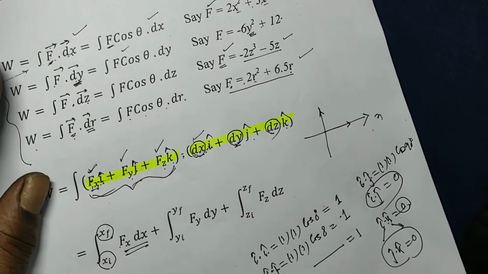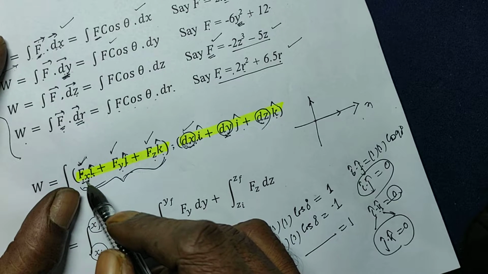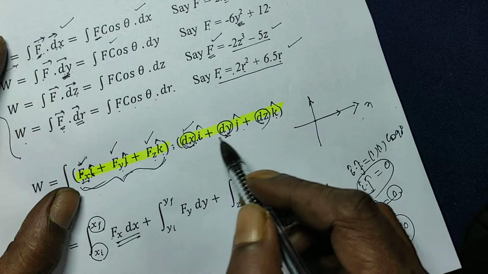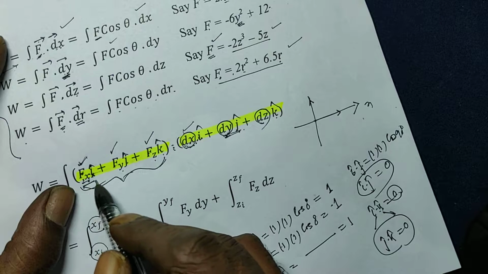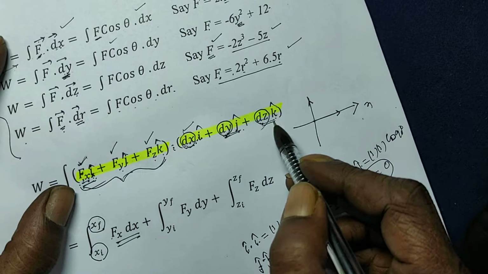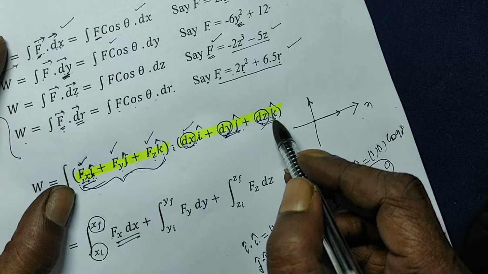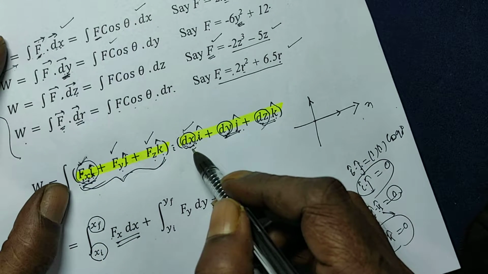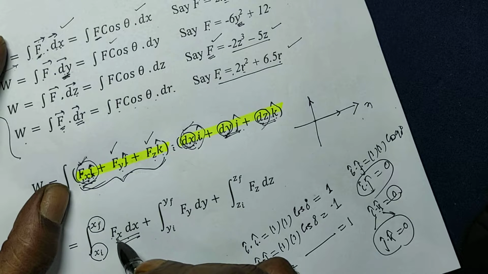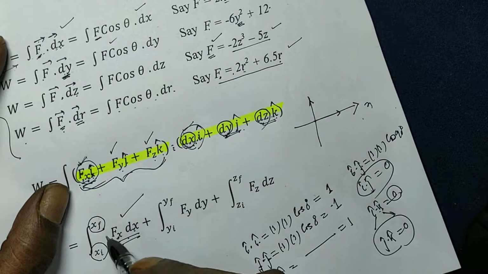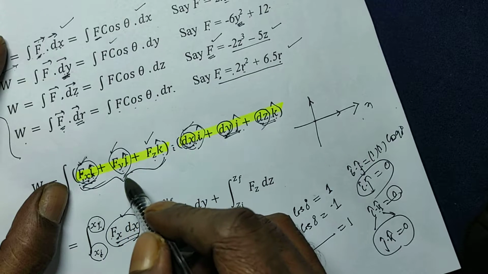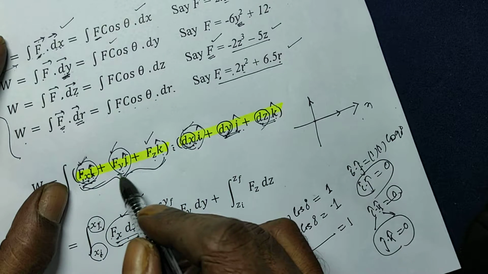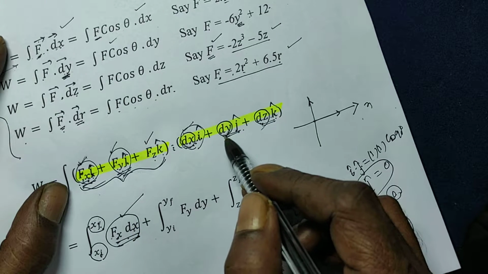The dot product of Fx I cap with the other terms will be 0, because I dot j is 0 and I cap dot k cap is 0. So only Fx I cap remains with dx I cap, giving you Fx dx with limits from xi to xf. Similarly, if you take the dot product of the force with these three terms, only Fy j cap will remain with dy j cap.